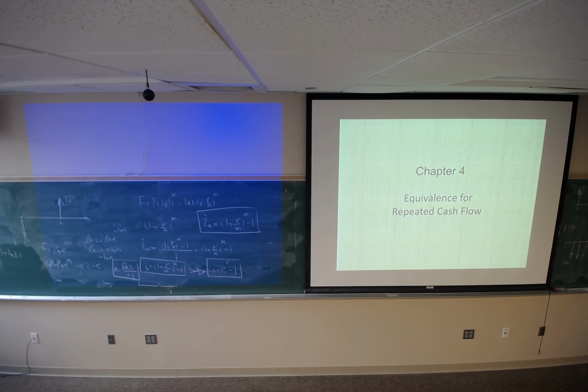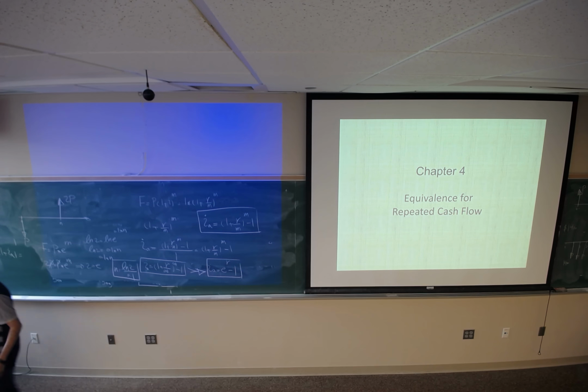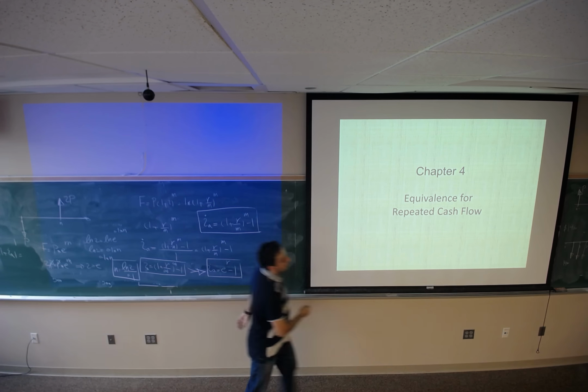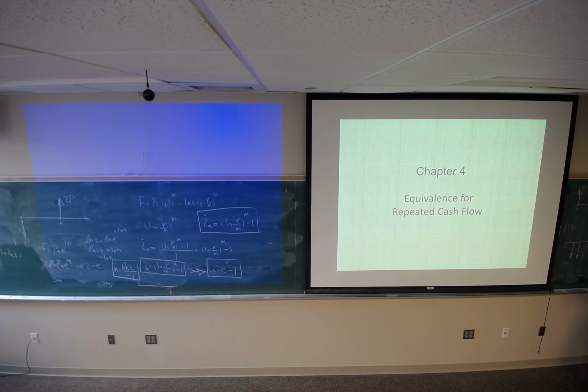Or if you lease a car, you have the same thing. So we would like to know what would be the equivalent present value or future value of this repeated cash flow.